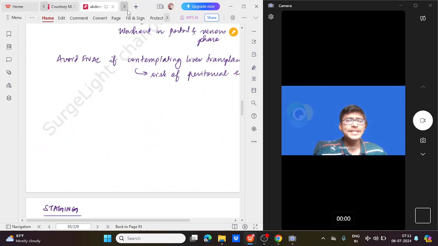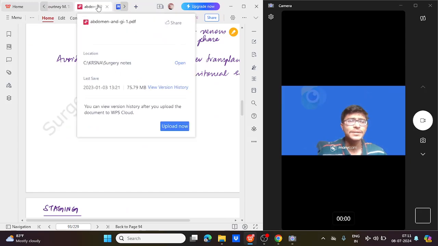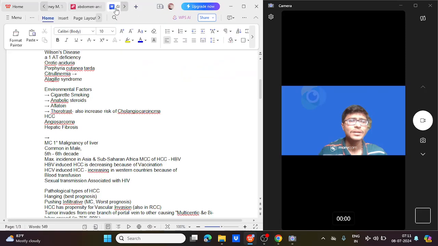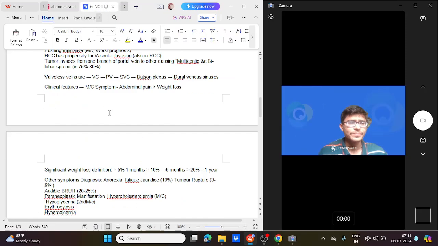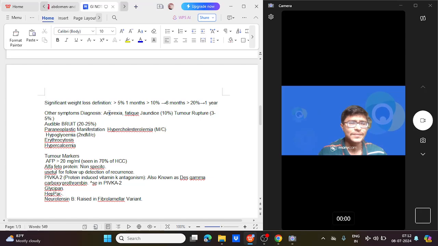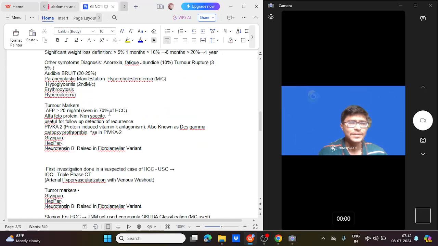Then we will see something about the tumor markers.